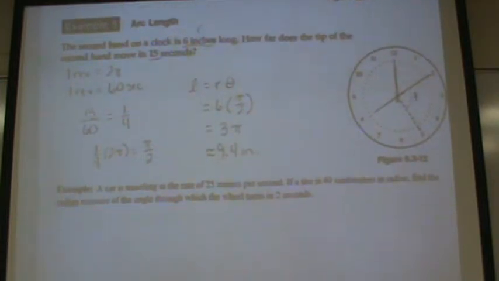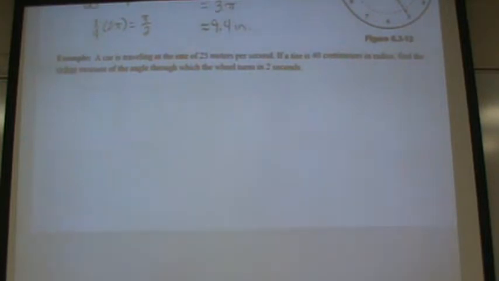So now our next example gets a little more complicated. It says a car is traveling at a rate of 25 meters per second. If a tire is 40 centimeters in radius, find the radian measure of the angle through which the wheel turns in 2 seconds. Okay, so we're given a rate of 25 meters per second.